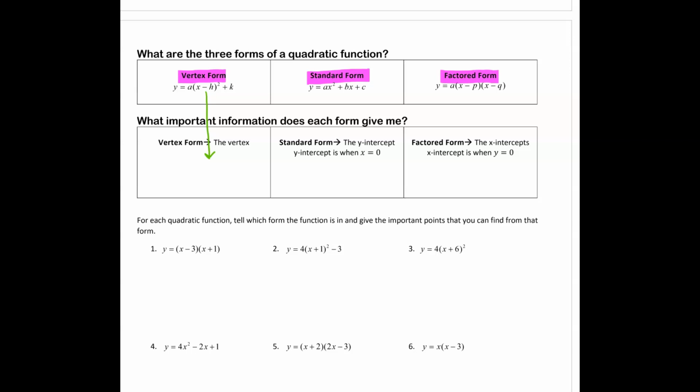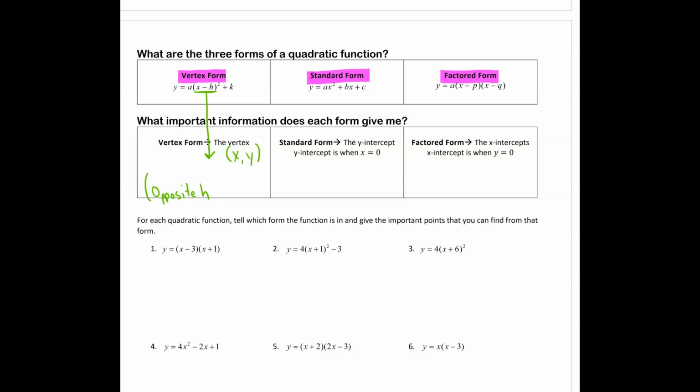And it's going to be an x and y coordinate, just like we already said before. It's going to be some x value and some y value. And it's really easy to see when you see something in vertex form. What you're going to do is you're going to take the opposite of h. And what I tell my students is h is in the house. A house has walls.